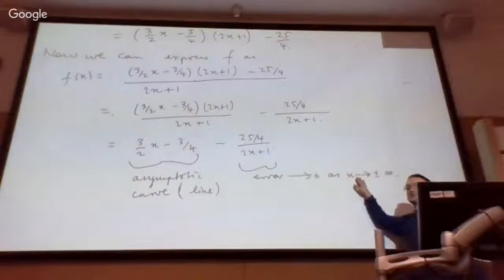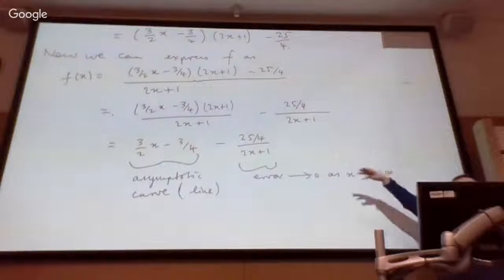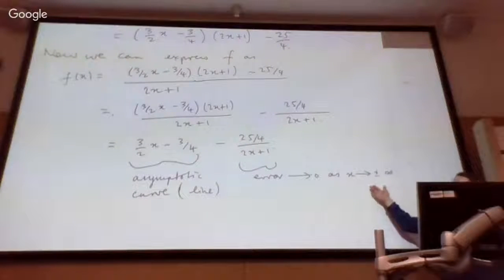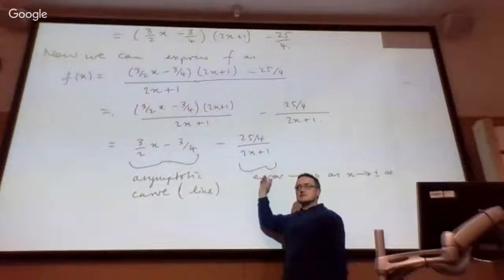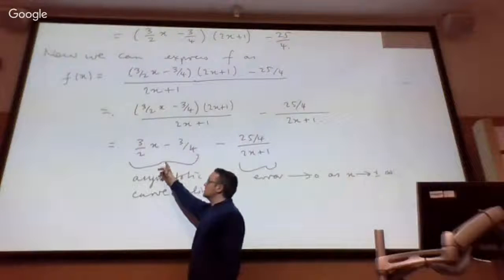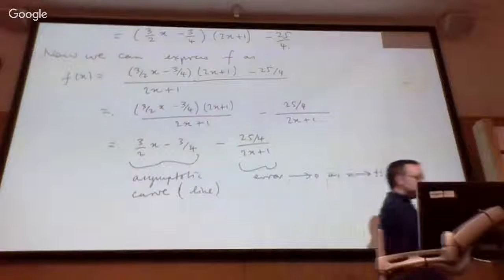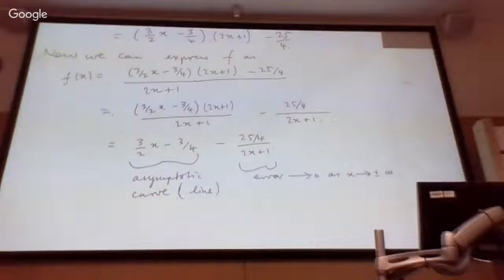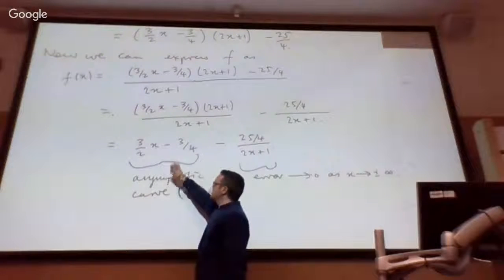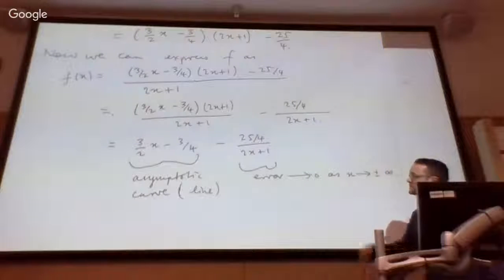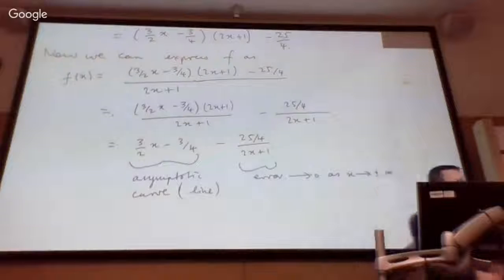So as x gets big in magnitude in either direction, this error term becomes less and less significant. It's converging to 0. So it becomes more and more the case that f of x is approximately this line. So that line is going to be an asymptotic curve for it. In more complicated cases, you could get a higher degree polynomial in your asymptotic curve. But you're always looking to find some kind of curve plus an error term that goes to 0.